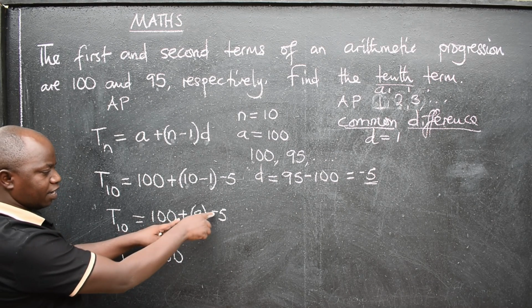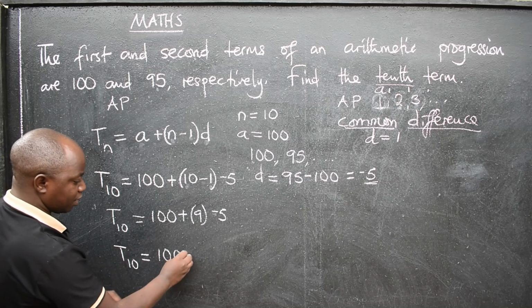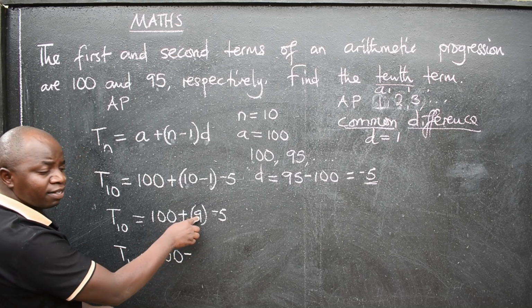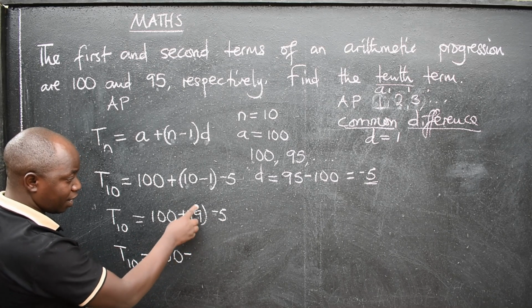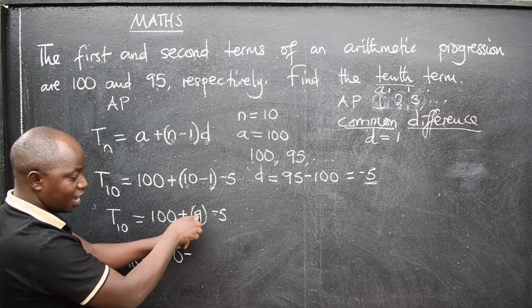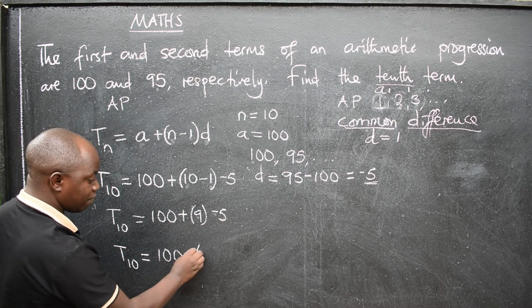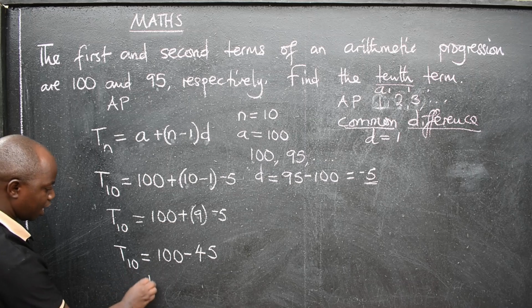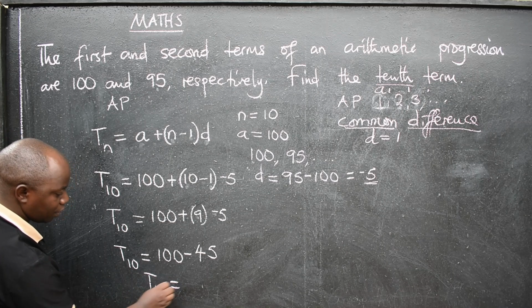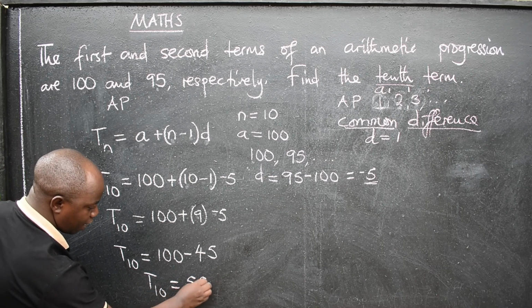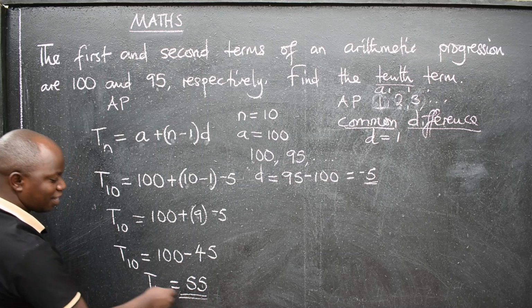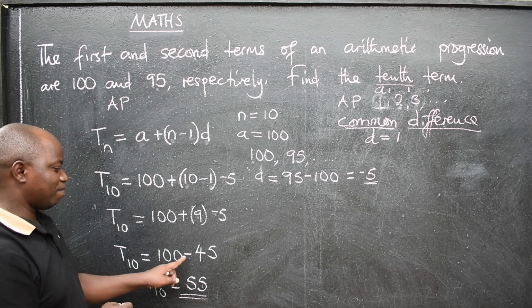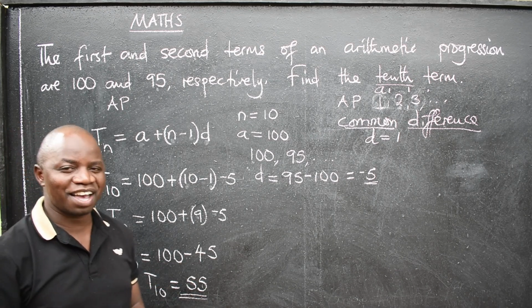This positive and negative will give us a minus. 9 times 5 will give us 45. When we subtract, our 10th term is therefore 55. That is the answer. 100 minus 45 is 55.